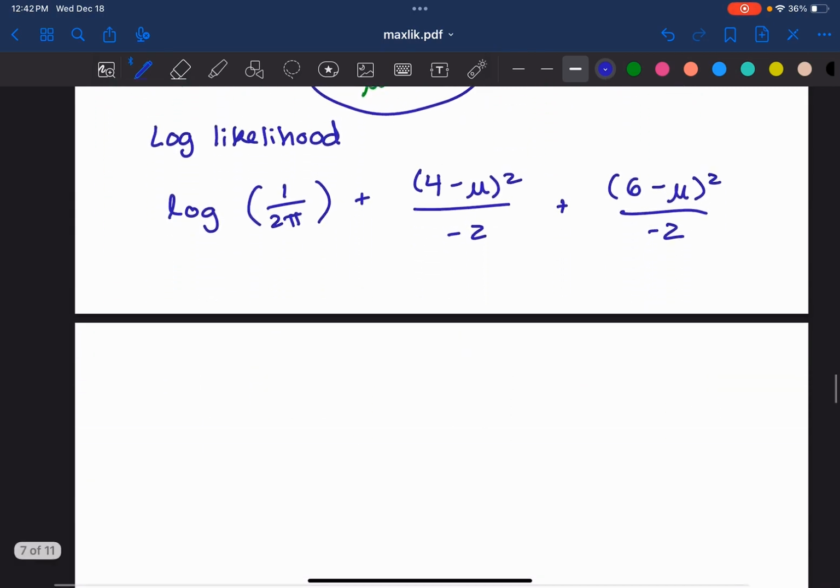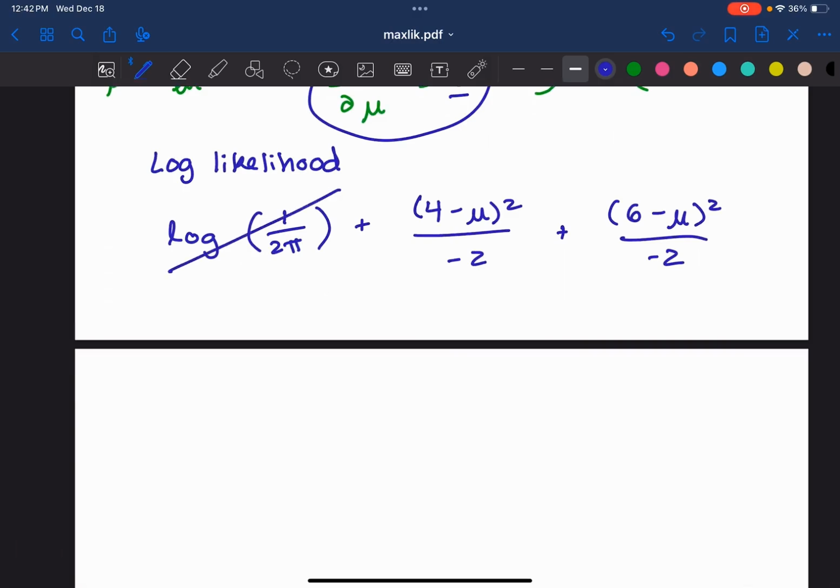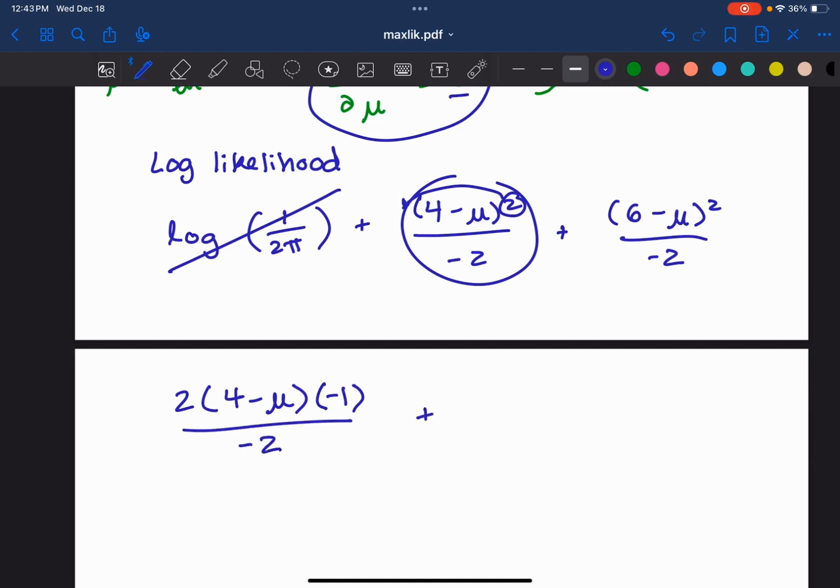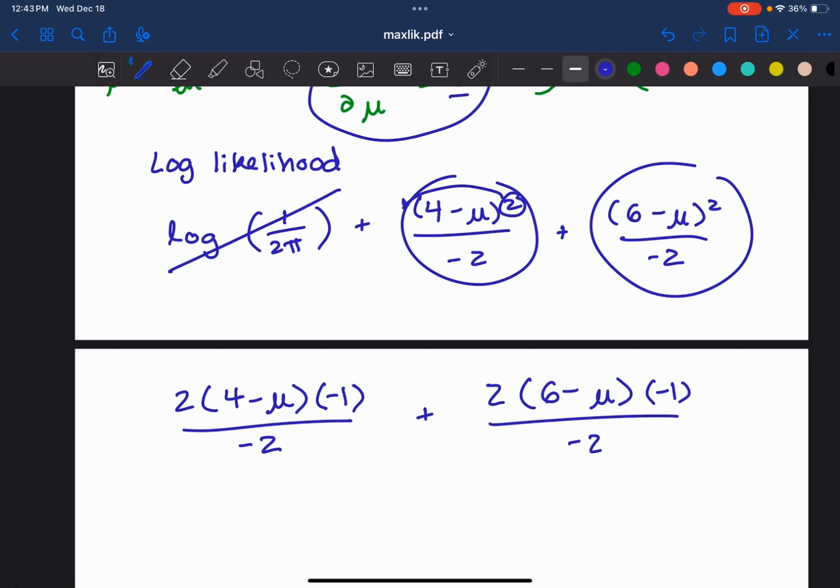So let's take the derivative. This part doesn't have a mu in it, so that just goes to 0. Let's use the power rule and the chain rule here. The 2 comes out to the front for the power rule. I get 2 times 4 minus mu, and decrement the exponent by 1. With the chain rule, mu is multiplied by a negative 1, so that negative 1 comes out here, divided by negative 2. Same thing for this term: 2 times 6 minus mu to the 1, times negative 1, over negative 2.